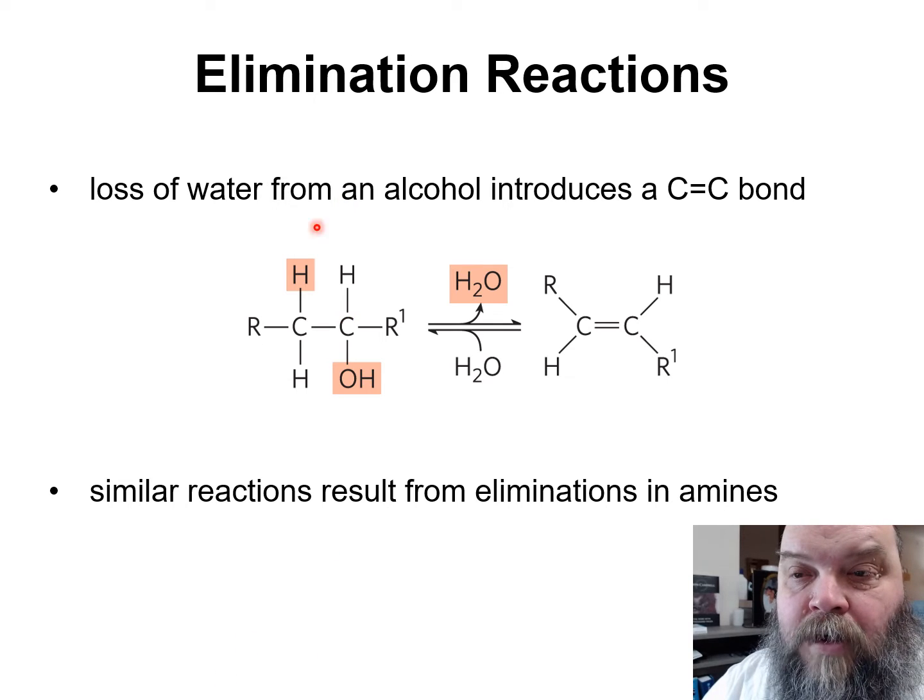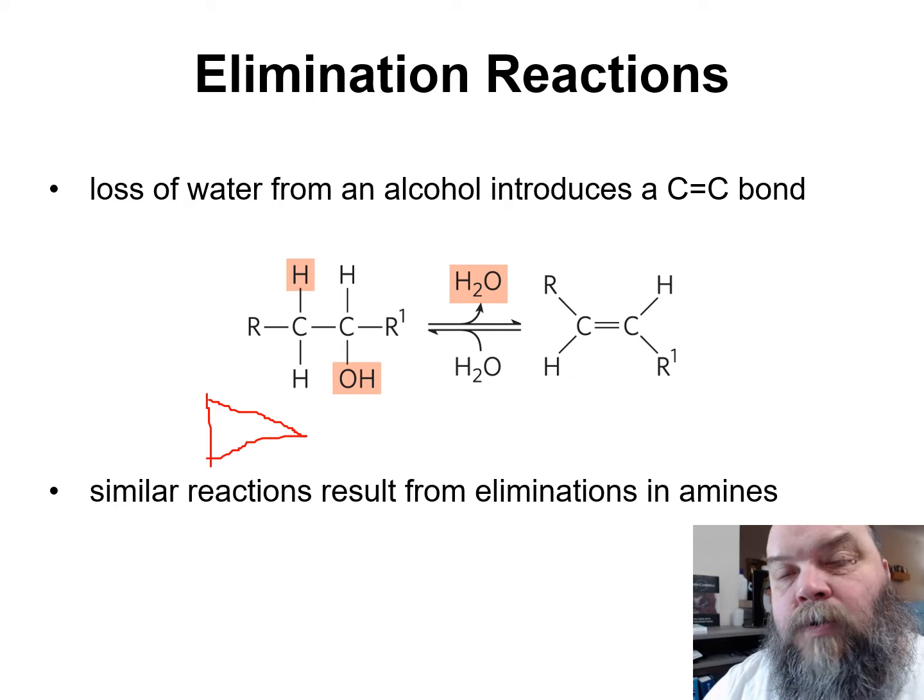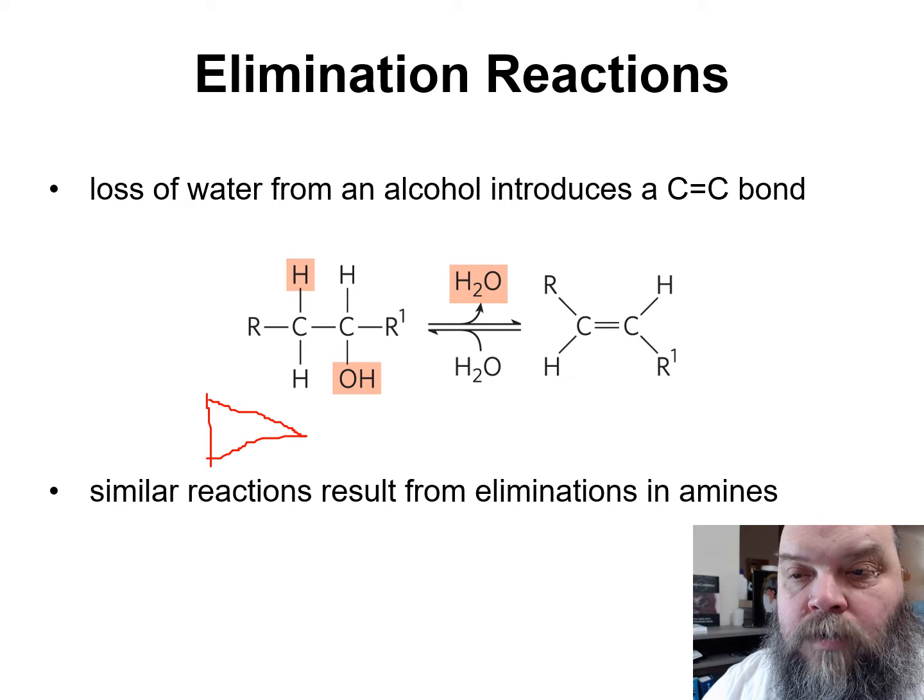Remember, anytime you have a carbon with 4 bonds in its shell, it's a tetrahedron. So you're going to have this weird quasi, it's supposed to be a pyramid, but I can't draw it with a mouse. And you're going to end up with a second pyramid, so 2 inverted pyramids is what this looks like.